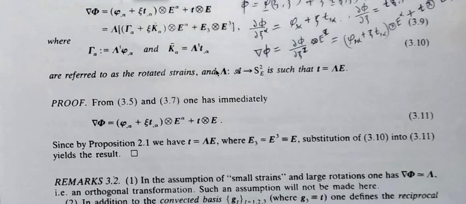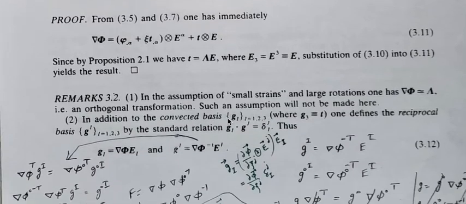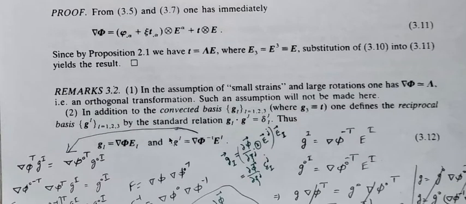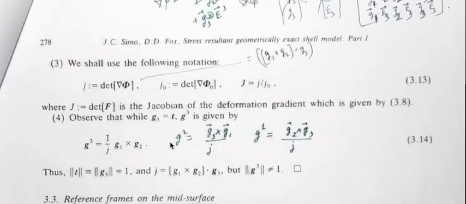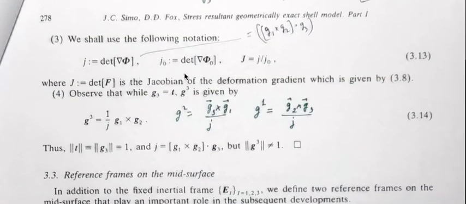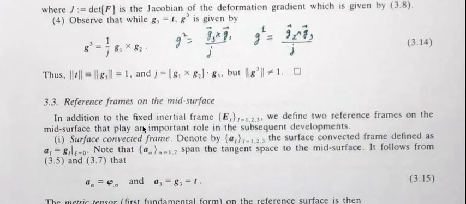So once we have the expression of tangent map, we can write covariant and contravariant vectors, and these will be used to write the expressions of stress resultants later on, as we will see. Moving ahead, these are the expressions of Jacobian of the deformation gradient and other contravariant basis vectors like G superscript 3.